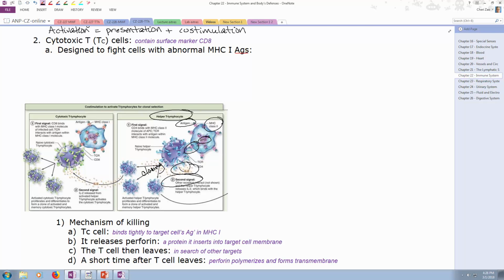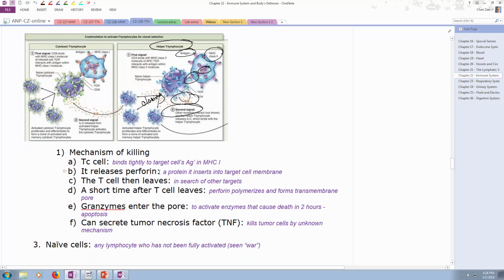When they clone, they will make two types of cells. They will make active T helper cells and memory T helper cells. Active is doing their job, and memory is like, I know what to do, but I'm not doing it because I'm going to wait for another time that the pathogen is in the system.